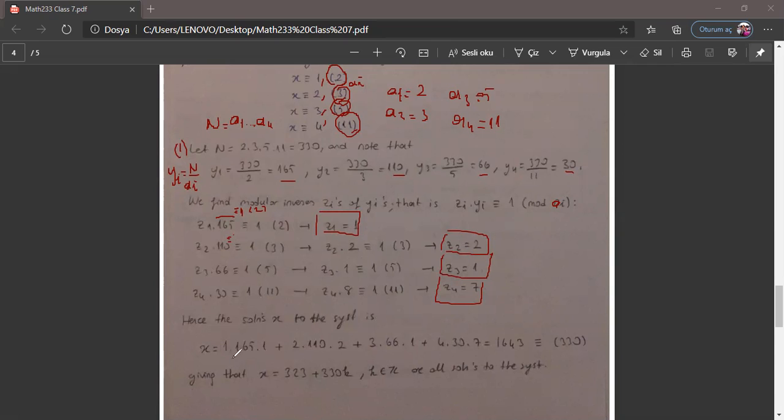You multiply 1 times y1 times z1, and then you add 2 times y2 and z2, which is 2, then 3 times y3 and z3, and similarly y4, z4, and here we have 4. And you get this, which is x.